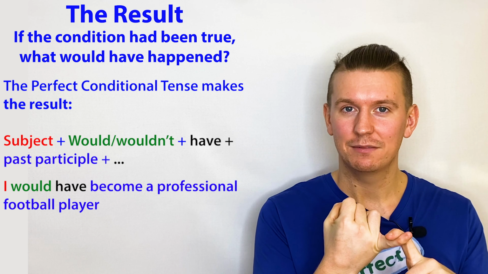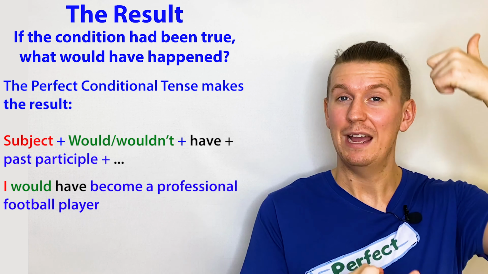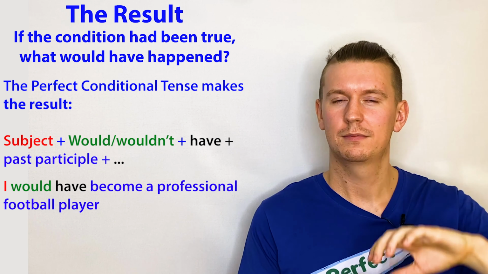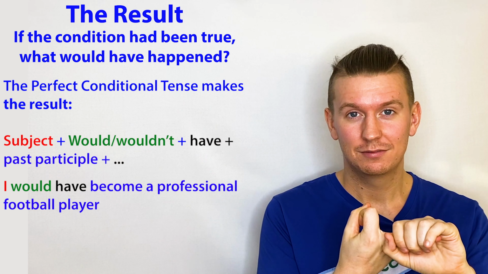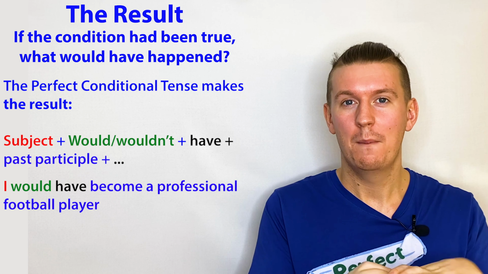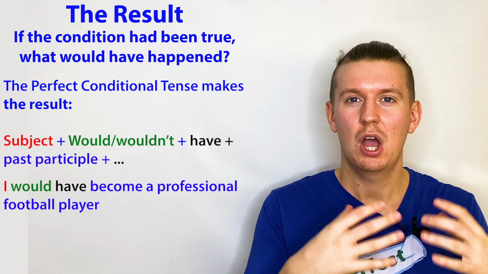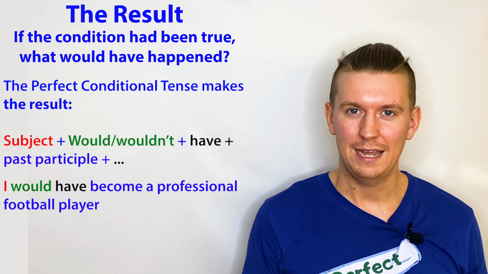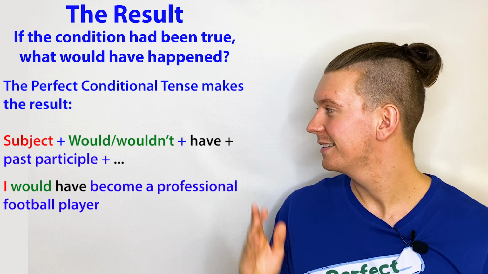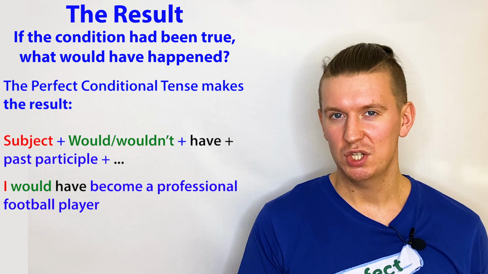Subject, I. In this case, it's I would, not I wouldn't. The word have, a past participle, become, and then the rest of my statement. A professional football player. All of these bits are in this result.